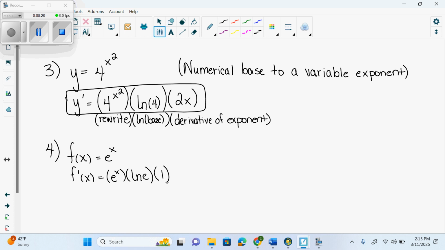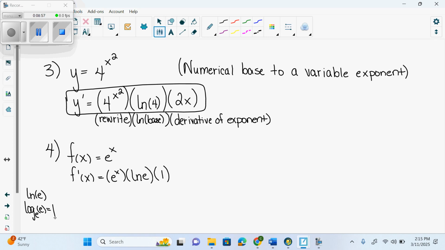Now let's talk about this. Ln e. Ln of e is the same as, ln is log base e. That's a common log that gets used, just like log base 10 is just log because it's a common log that gets used. Ln is log base e. So if I go log base e, which is what ln is, of e, what does that equal? 1.